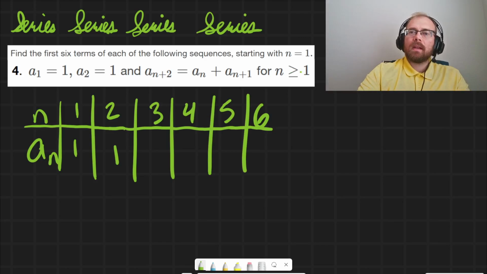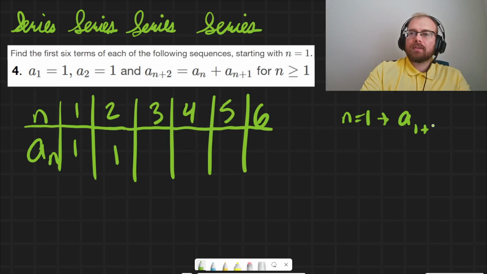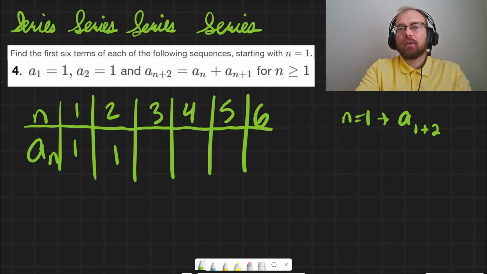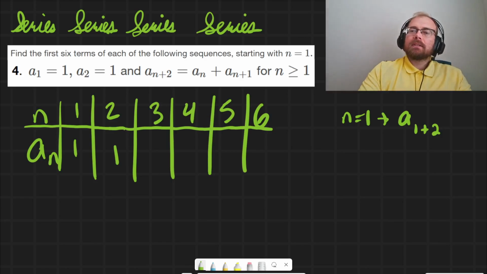When n is greater than or equal to 1, if we make n equal to 1, which we want the third term, this is a little weird, writing it like this. But if n is 1, then we would say a sub 1 plus 2. So we're really actually looking for where n is 3, but if I plug in 1 for n, then this is what happens.